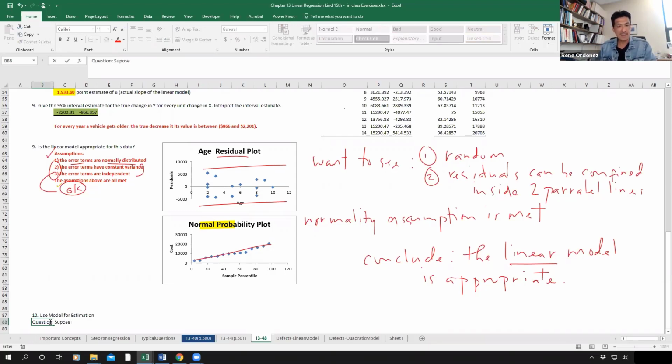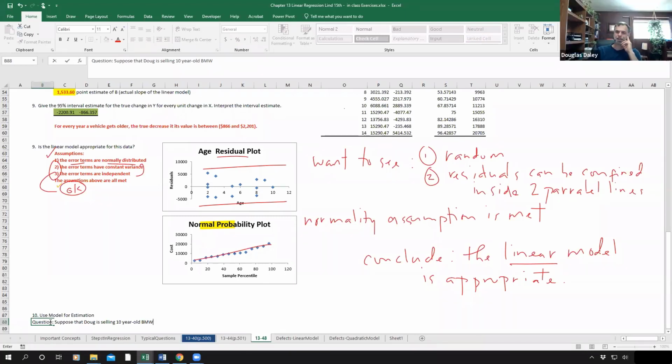Suppose that Doug is selling his 10-year-old Mercedes. Oh, no, it's a BMW, right, Doug? That's right. Get it right. We don't do Mercedes. Okay. Chris wants to buy it from him.